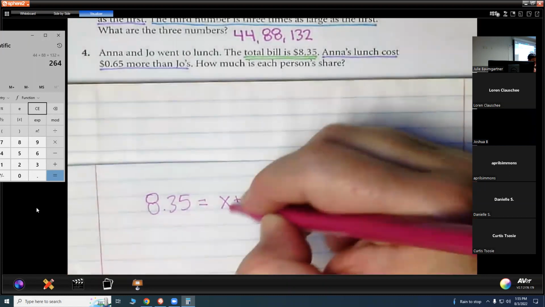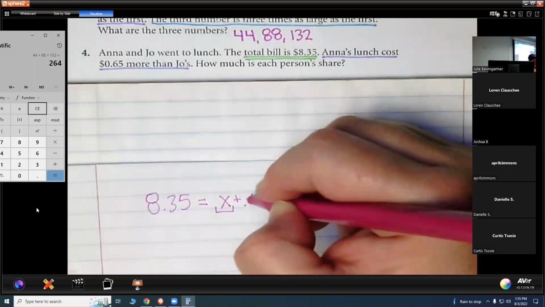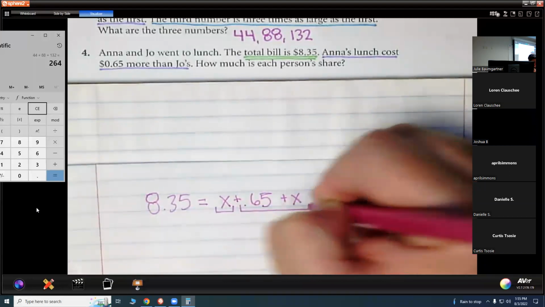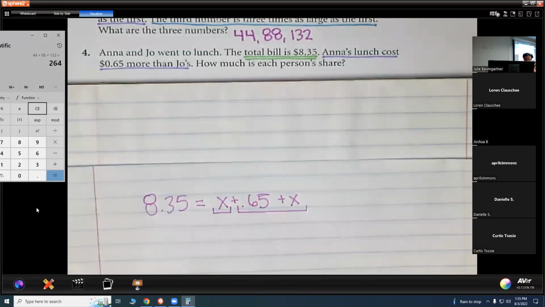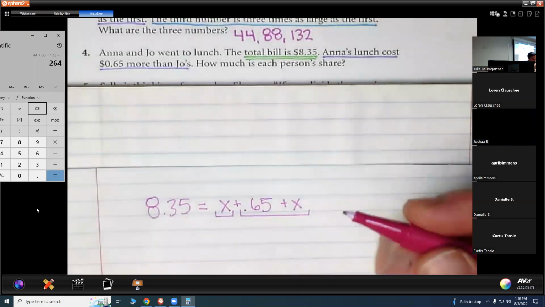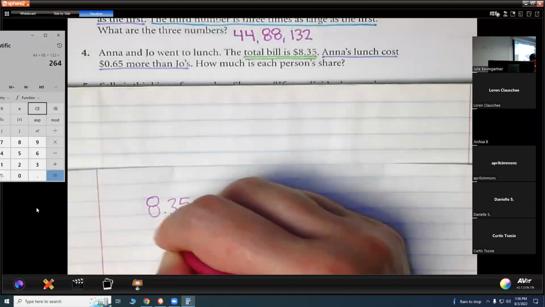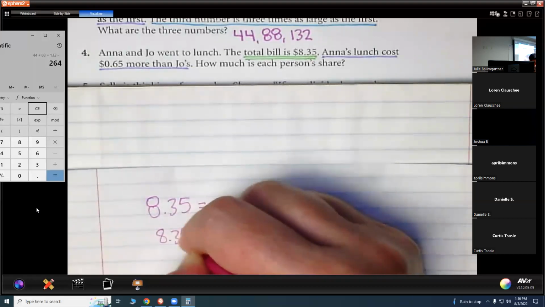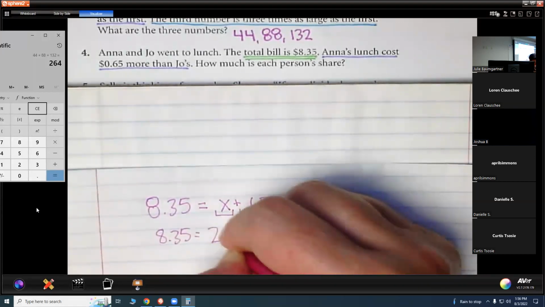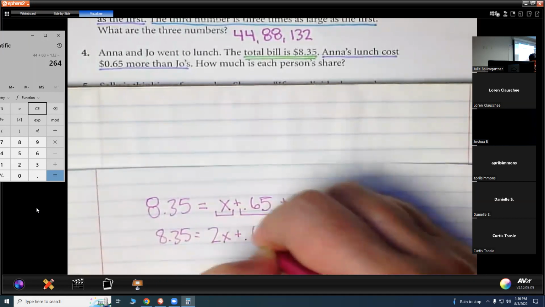Because this is Joe's lunch and this is Anna's lunch. Does that make sense to everyone? So then we can combine our like terms.